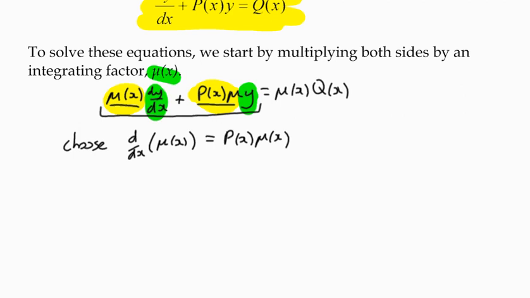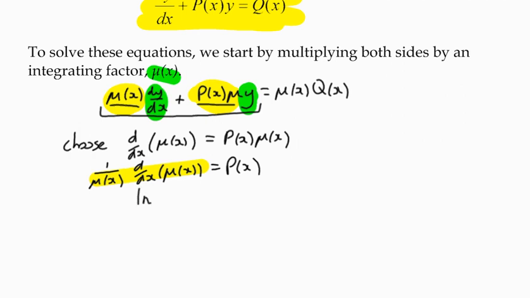And we can see here, what we'd have to do is divide through by mu of x, and the derivative of mu of x times 1 over mu of x is p of x. If you have a look at the left-hand side, that looks a bit familiar.